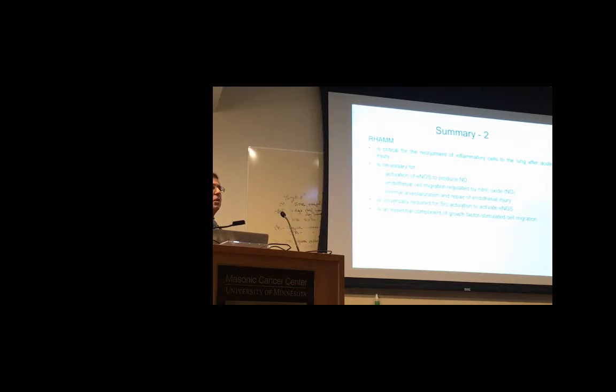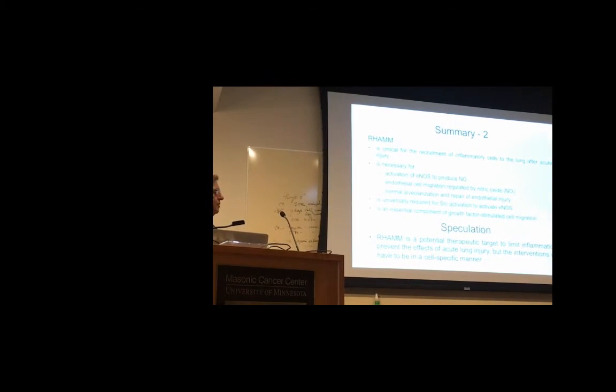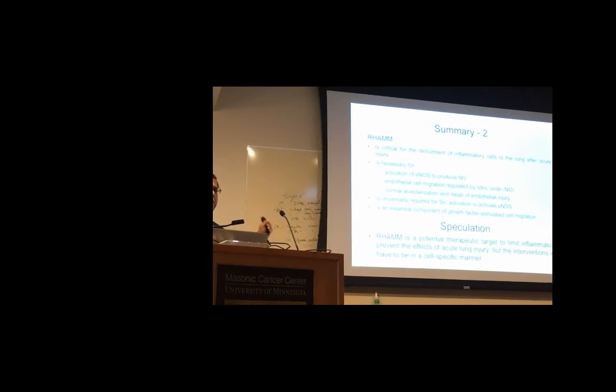It's an essential component of growth factor-mediated motility. And we speculate that RHAMM is going to be a potential therapeutic target to limit inflammation, prevent the effects of acute lung injury, but we're going to have to be cell-specific in our targeting, because if we block RHAMM, we're going to block alveolar health. We may stop inflammation, we may make alveolarization worse.